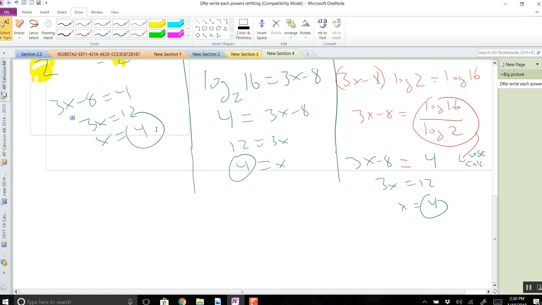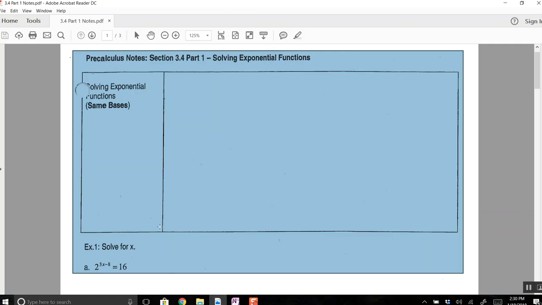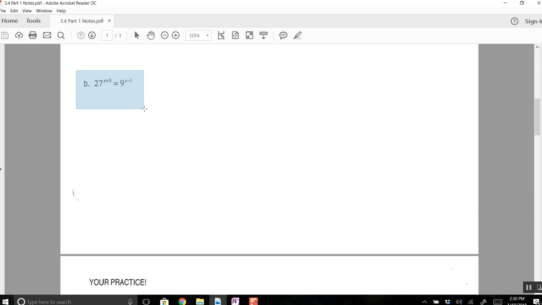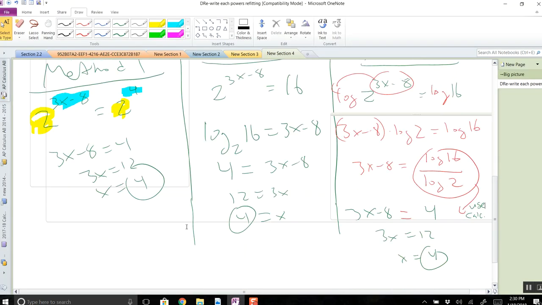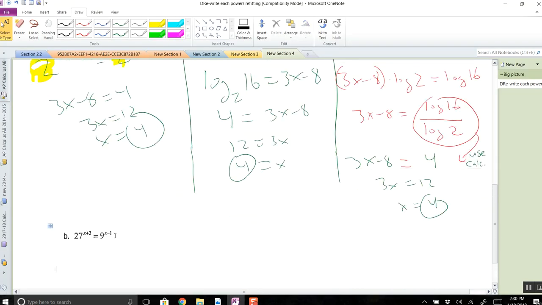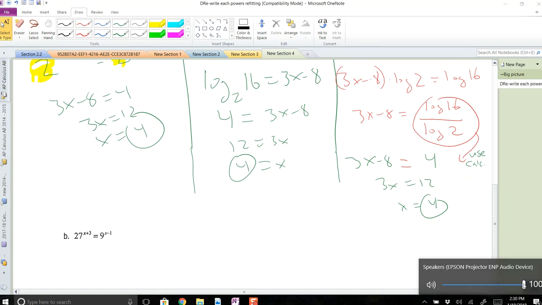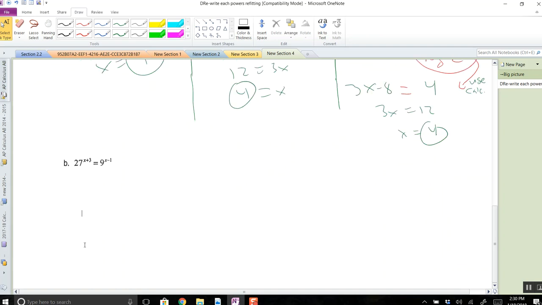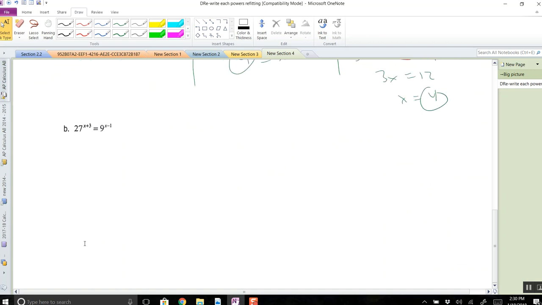Now for the next example, we still could use method 1. We can still use method 1 because fortunately 27 and 9 are both powers of what base? Good. 3 cubed, 3 squared. I like that.